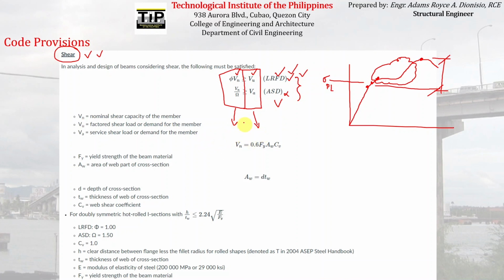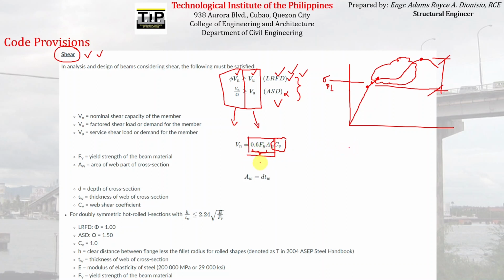So the Vn for shear was already mentioned a while ago. It is equal to 0.6 Fy Aw, although for design, we are providing a factor here, which is what we call the web shear coefficient. So this portion here is the same as what we mentioned a while ago.